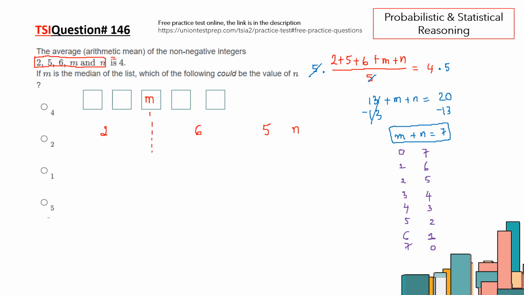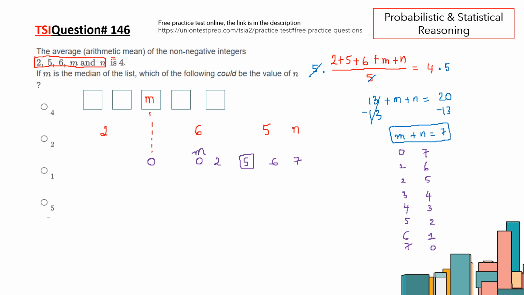So let's check. For example, when m equals 0, the list will become 0 as the smallest number, then 2, and n will equal 7. So 6 is right here, 5 is in the middle, not m.